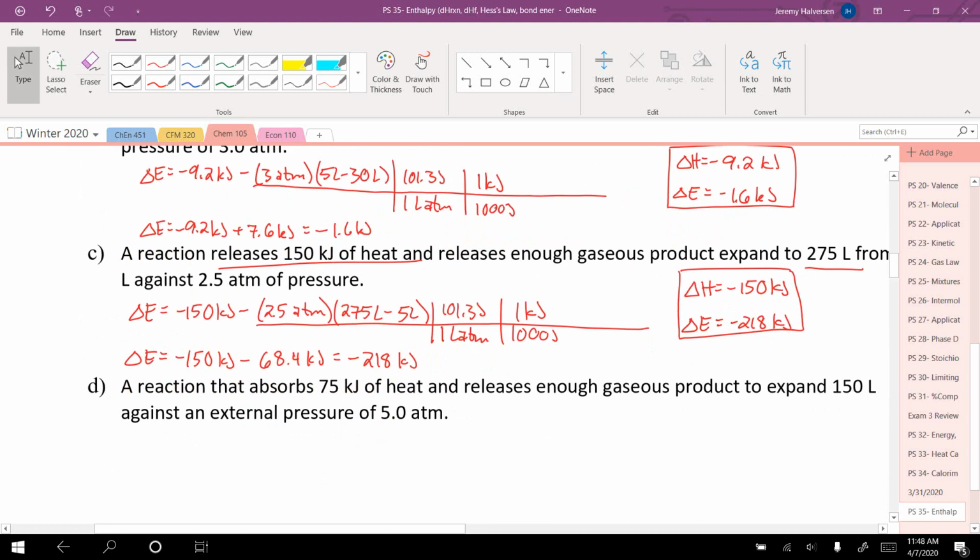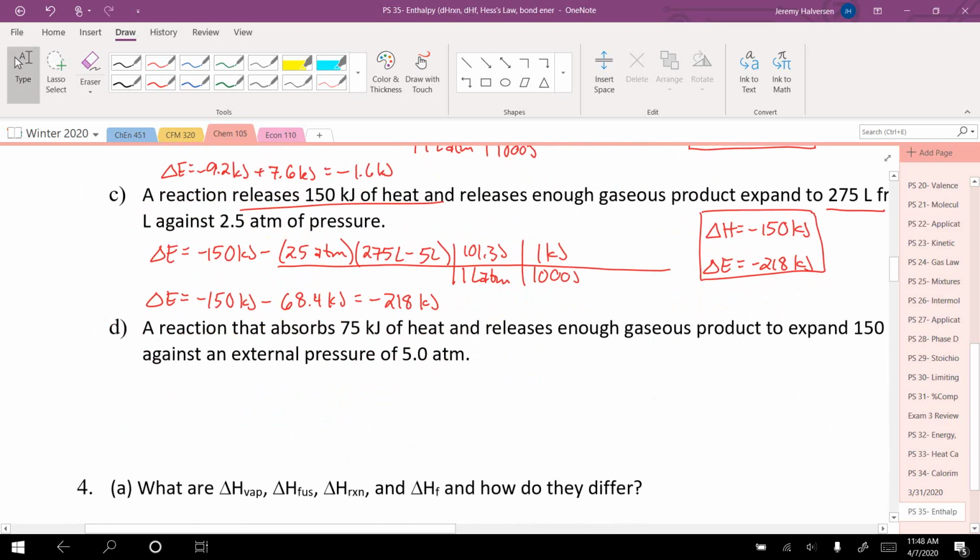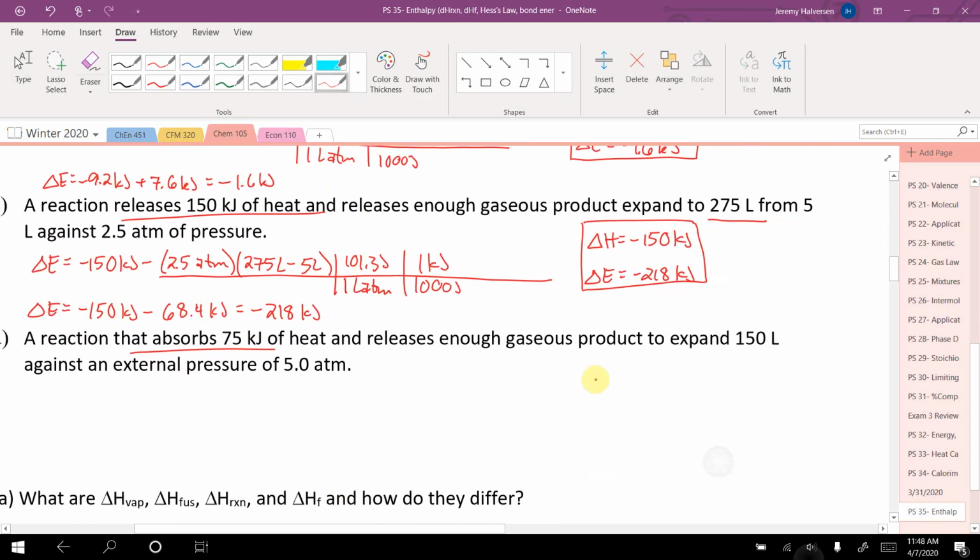Obviously, I'm not too worried about sig figs here. All right, a reaction absorbs 75 kilojoules of heat. It's a positive 75 kilojoules.